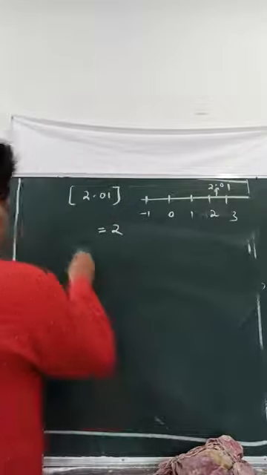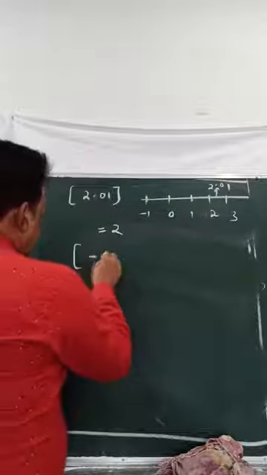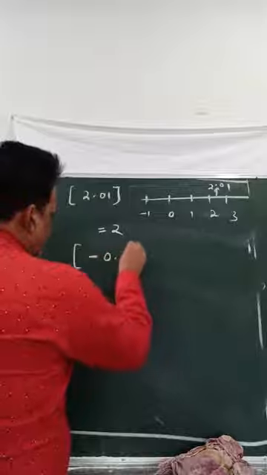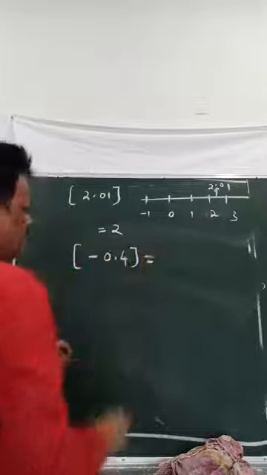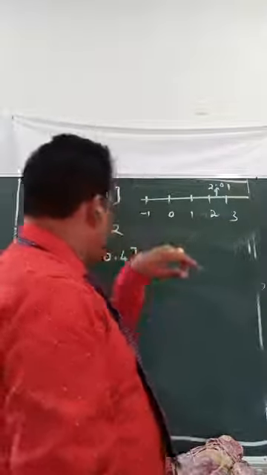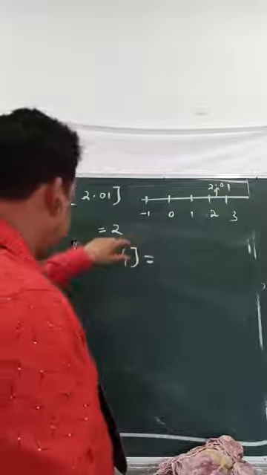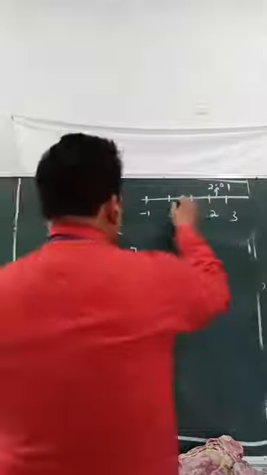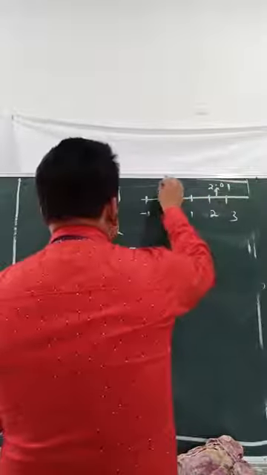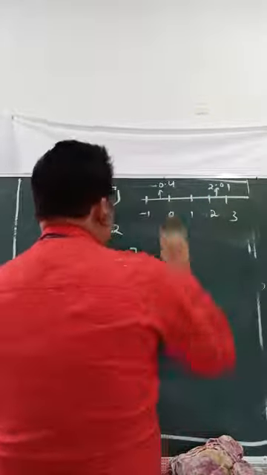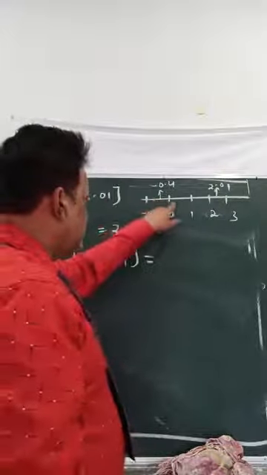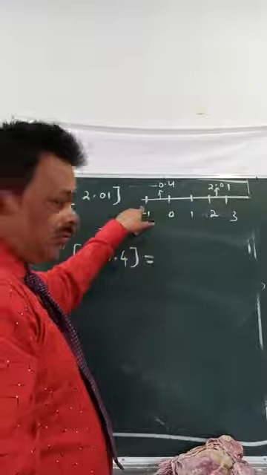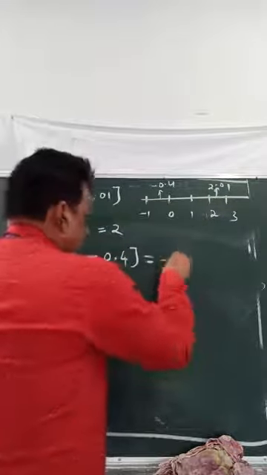If I write minus 0.4, notice here what you are doing. Minus 0.4 is somewhere here. So minus 0.4, this is the bigger value, this is the smaller value. So this will be minus 1.